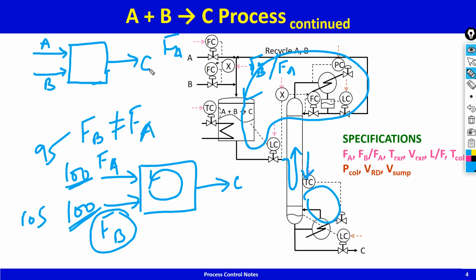That being the case, if you specify this to be 100, you cannot specify this, because if this is 100, this has to be 100 and this has to be 100. That's automatic. You're not free to specify both the feeds if you're having tight product quality control, if you're having a highly pure product stream leaving the process.